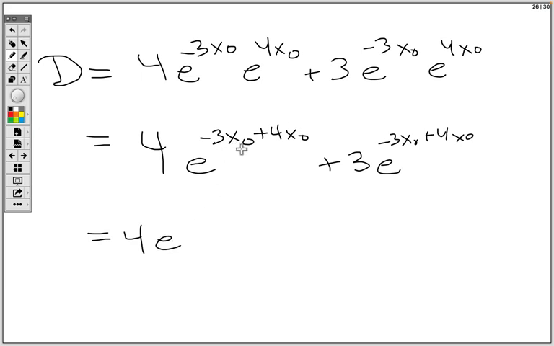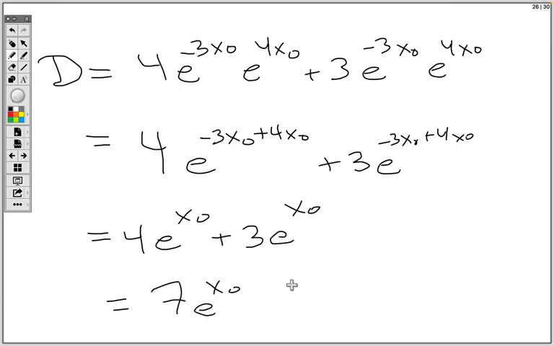So 4e to the x naught plus 3e to the x naught gives me a total of how many e to the x naught? 7. And I don't know what x naught is, but I know that e to the anything is never what? Yep, so if this is always positive, then 7 times this, that's going to never ever be 0.